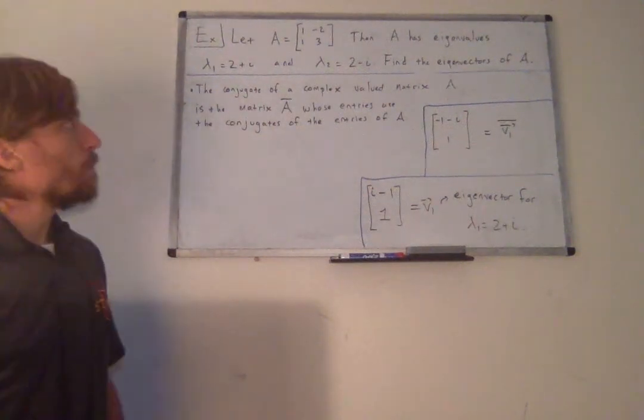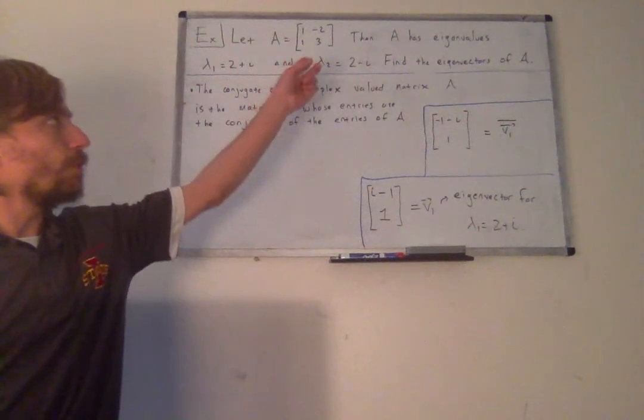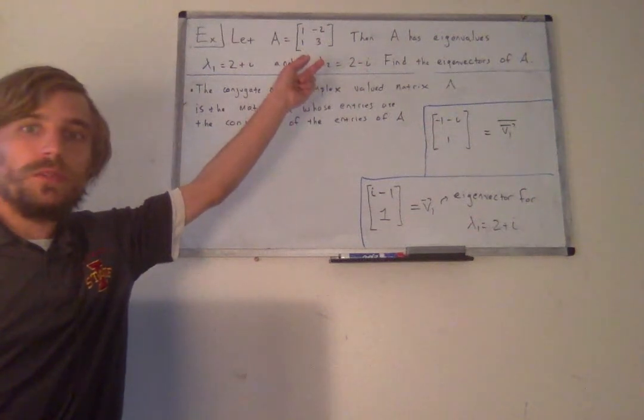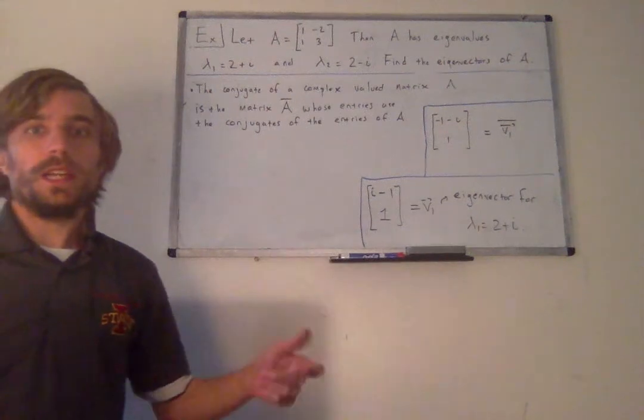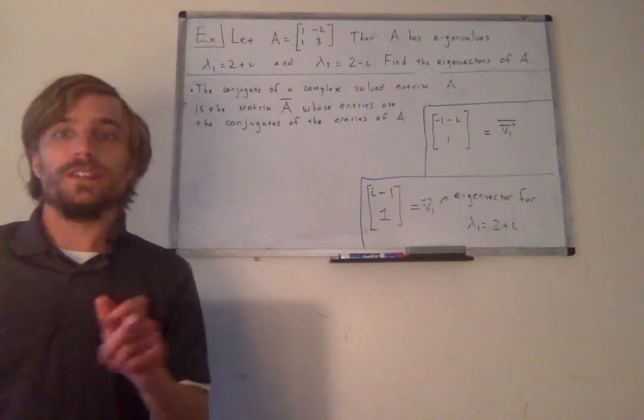And so notice for this matrix, for example, the conjugate would just equal the original matrix because there are no complex parts. But all you're doing to find the conjugate of a matrix is just taking the conjugate of each individual entry.